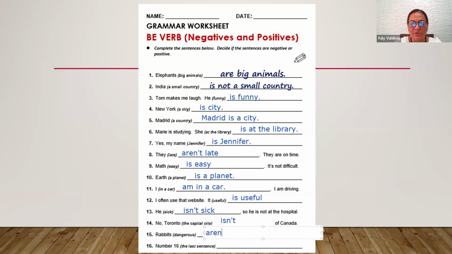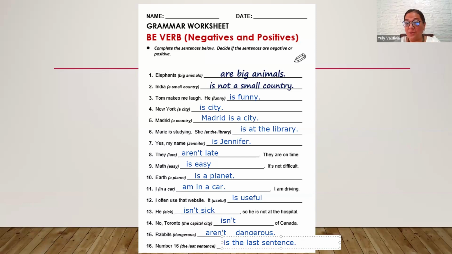So we use the negative form: rabbits aren't dangerous. Thank you, guys. And the last one, number 16. We really worked hard in this exercise, and you guys did a fantastic job.